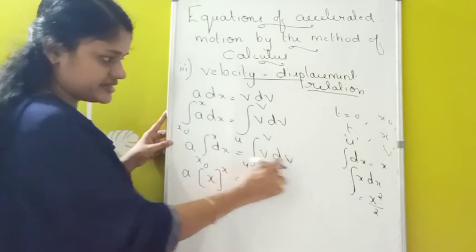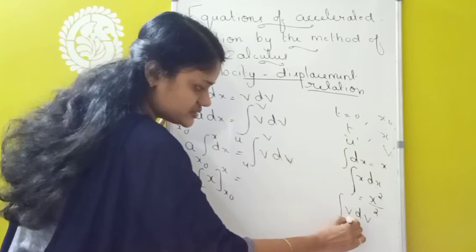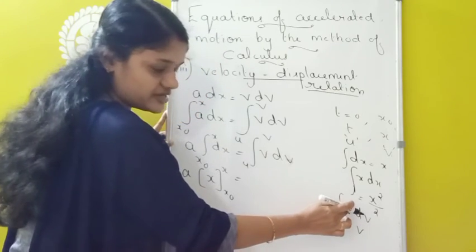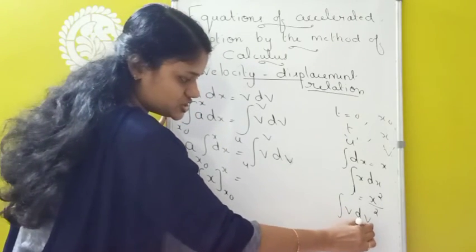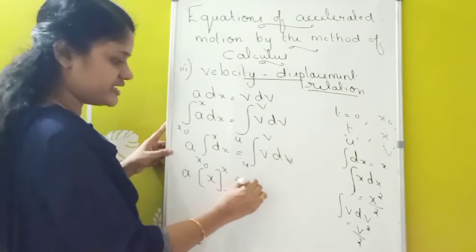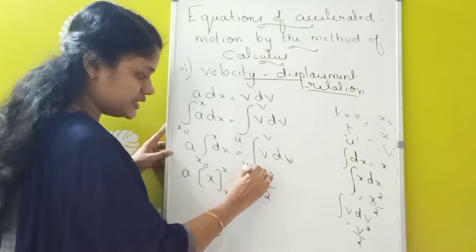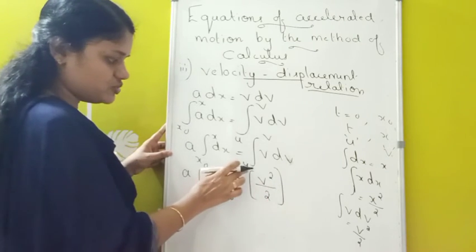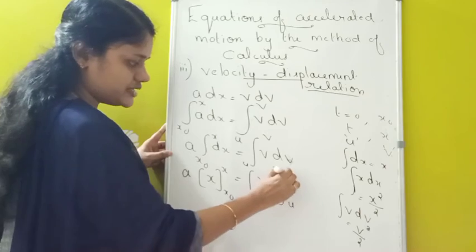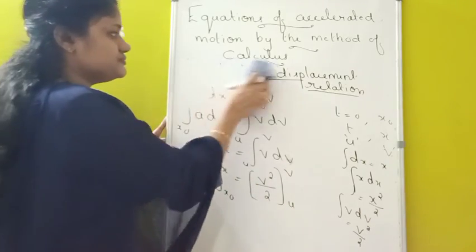So integral v dv means v raised to the power 1, 1 plus 1 is 2, divided by 2 itself. So integral v dv we can write as v square by 2. Then put a square bracket and put the limits: lower limit is u, upper limit is v. Now we have to simplify this one.